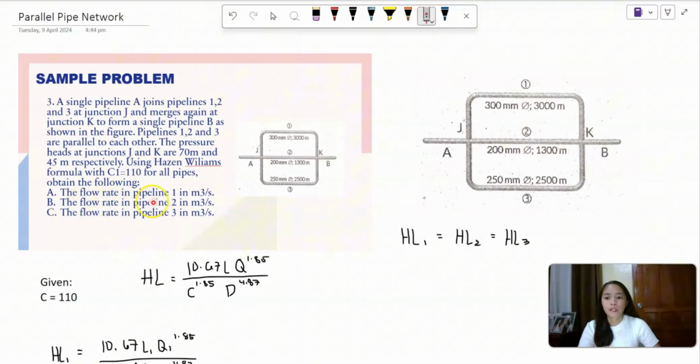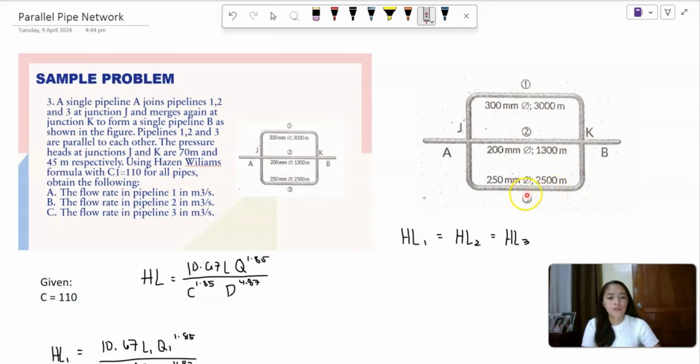For pipeline 1, we have a diameter of 300 millimeter and its length is 3,000 meter. For pipeline 2, we have 200 millimeter diameter and 1,300 meter length. And for the third pipe, we have a 250 millimeter diameter and its length is 2,500 meter.